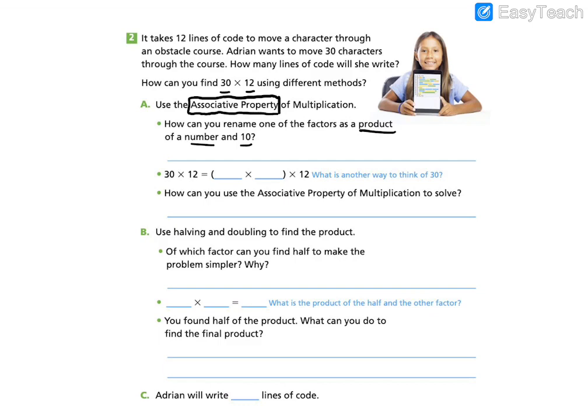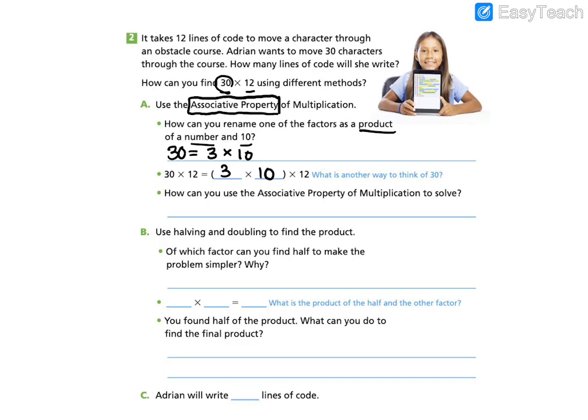So we have 30. 30 is equal to what times 10? It's equal to 3 times 10. Okay, so it's asking us just to fill this in here. 30 times 12 is the same as saying 3 times 10 times 12.